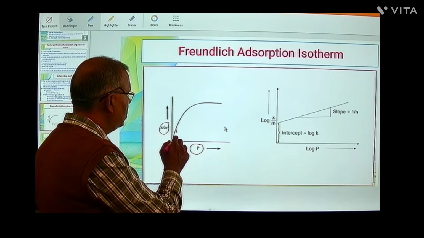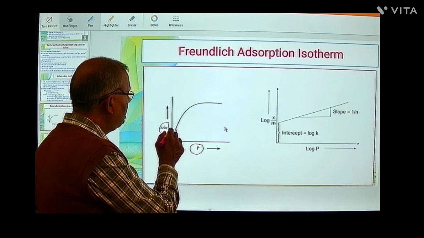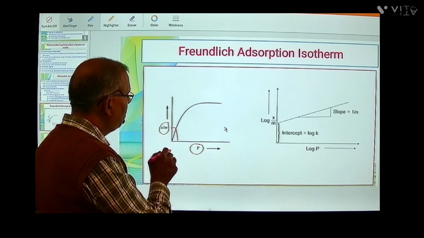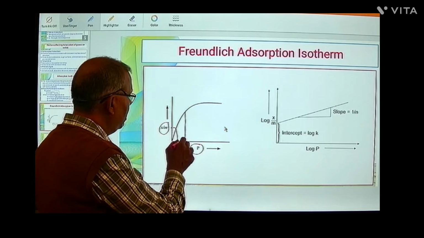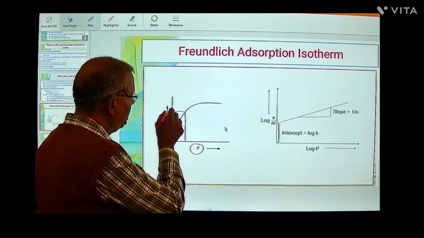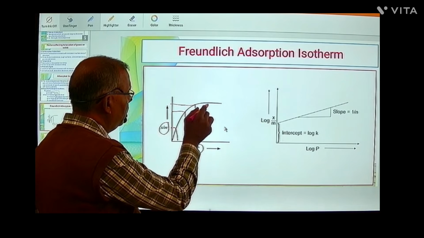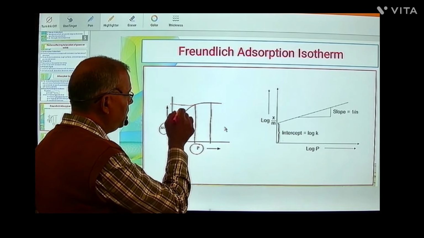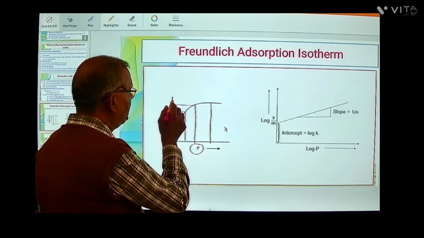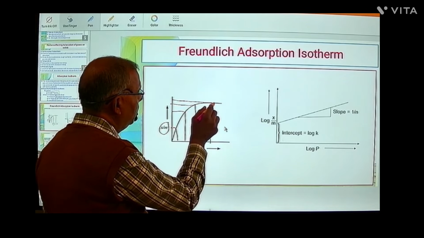Again pressure is increased, the x by m value also increased. But as the pressure is increased again and again, the x by m value is constant now.